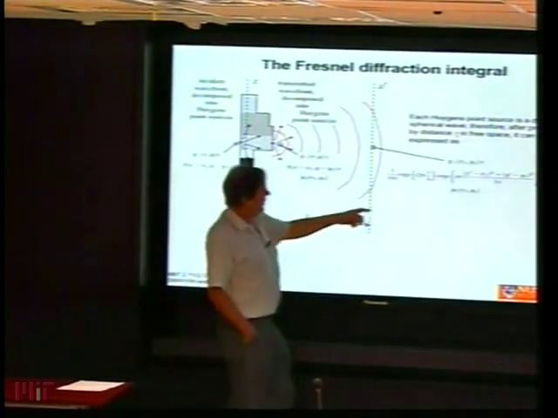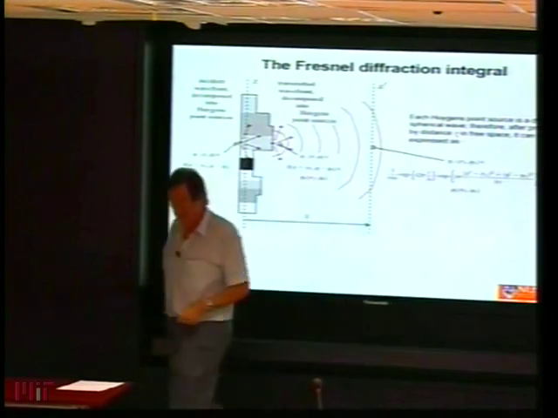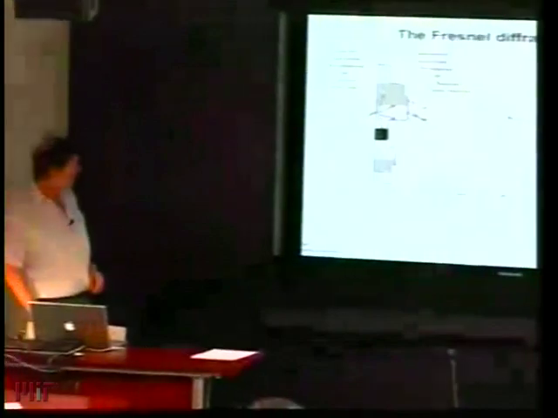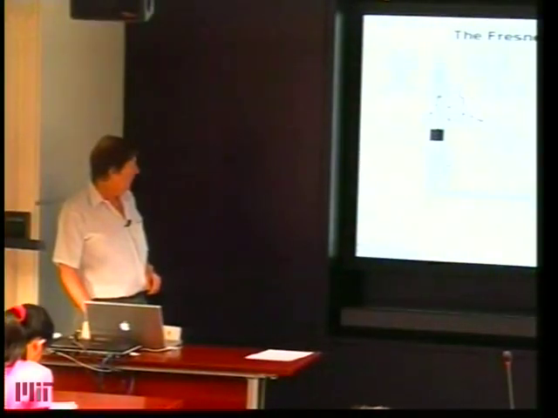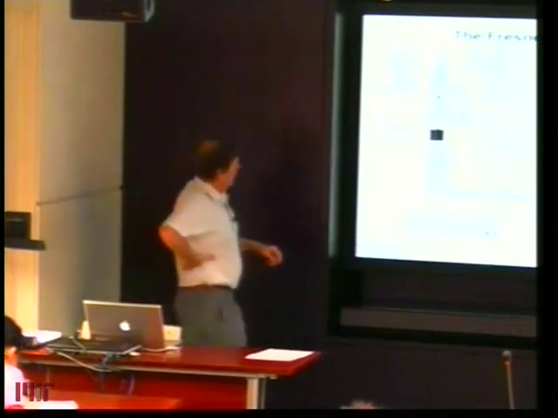And again, we've got this parabolic phase function that comes from the Fresnel approximation. So it assumes that x dashed, y dashed is much smaller than z. Okay, so that's for a single point.